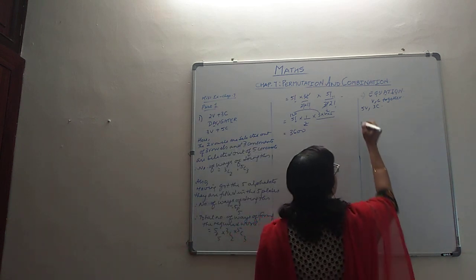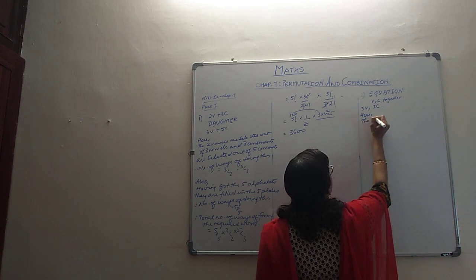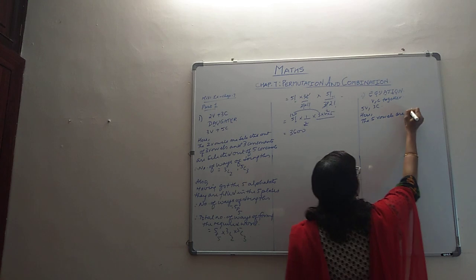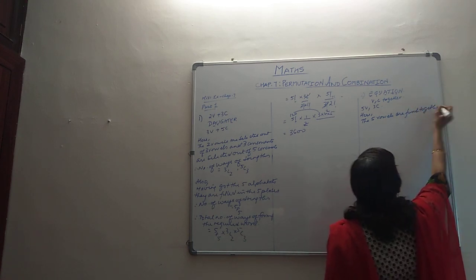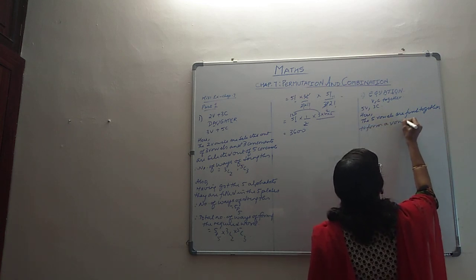So we will say that the 5 vowels are fused together to form a vowel unit.